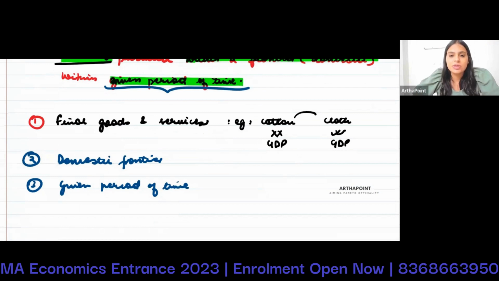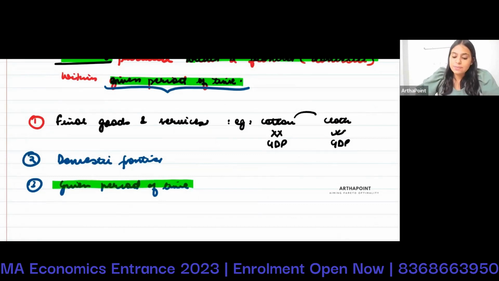For example, you'll prepare your balance sheet from April to March. You will give your government budget accordingly. So all things take place in a given period of time.